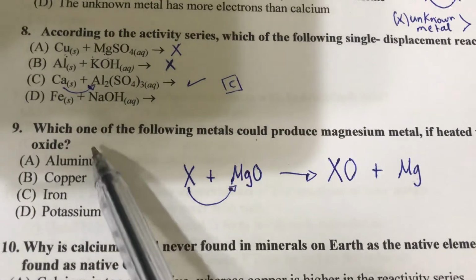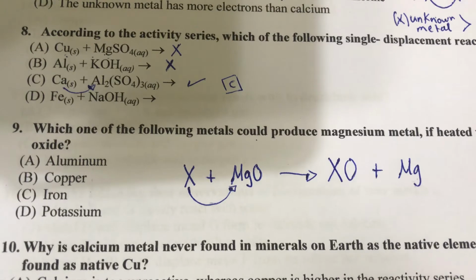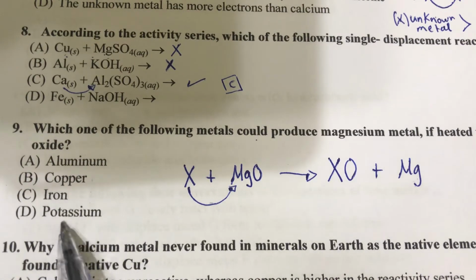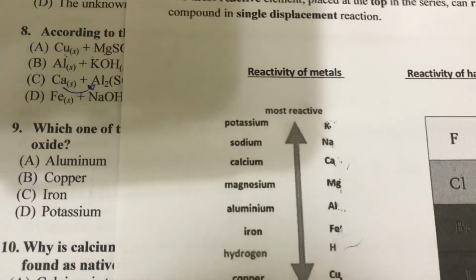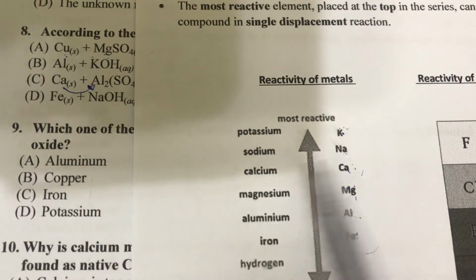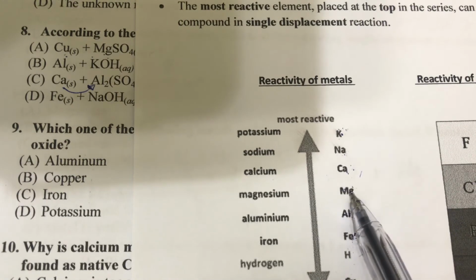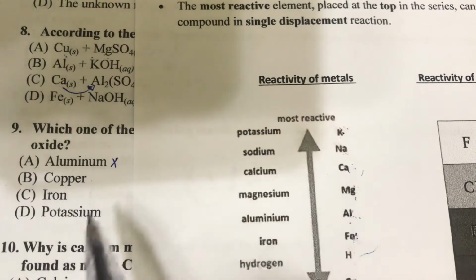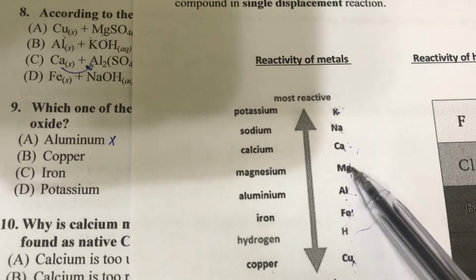So which of these can replace magnesium? Aluminum, copper, iron, or potassium? It depends on the activity series. So what about the first one, aluminum? Can aluminum replace magnesium? No, less reactive. Copper can replace magnesium?